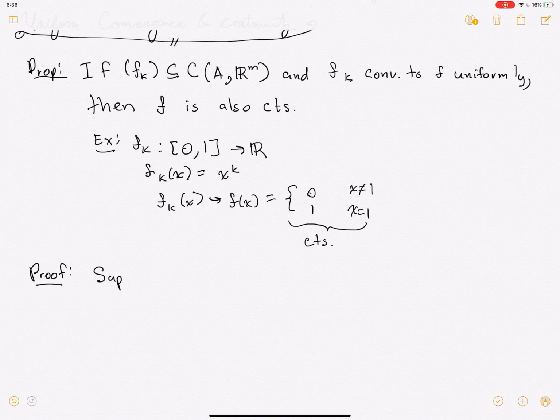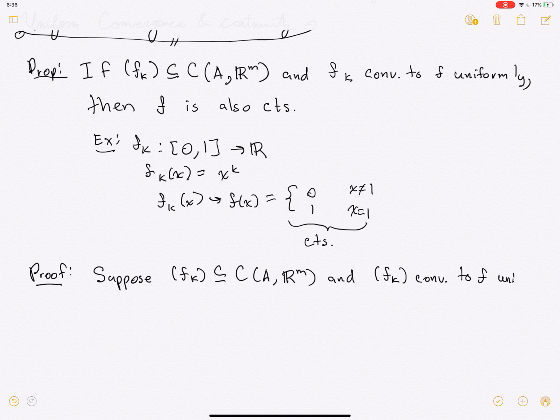Now suppose that we have a function as in the hypothesis of this proposition, and that the sequence f_k converges to f uniformly.